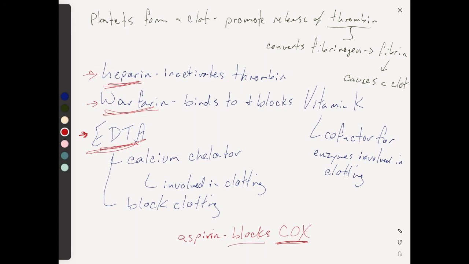So by blocking this, aspirin works as a very weak blood thinner. Individuals with some very minor heart disease, they'll say take a low dose of aspirin every day. This is to block the enzyme cyclooxygenase, which can then lead to a decrease in blood clots, which can thin the blood, which can help out with some minor forms of heart disease.